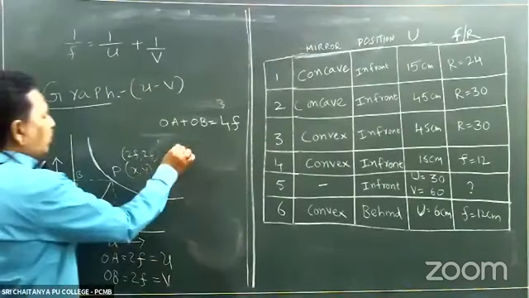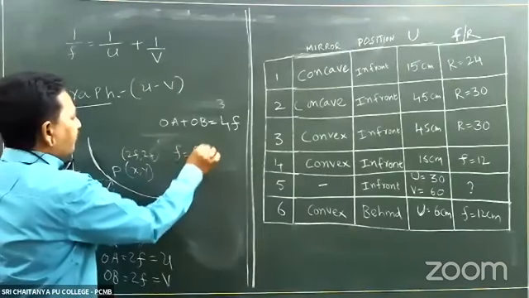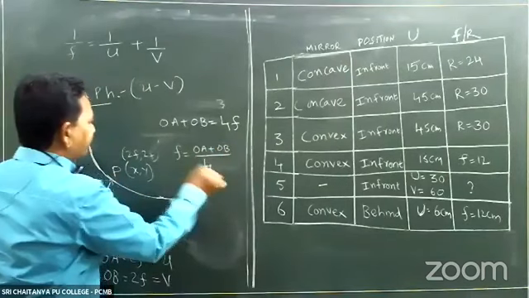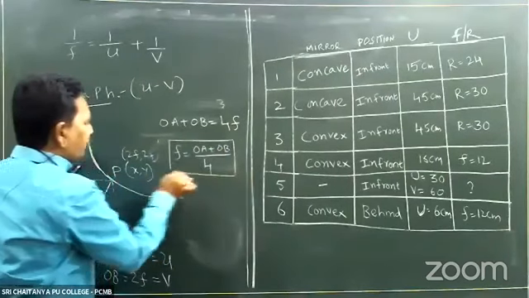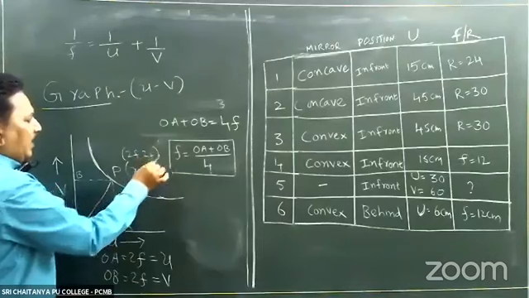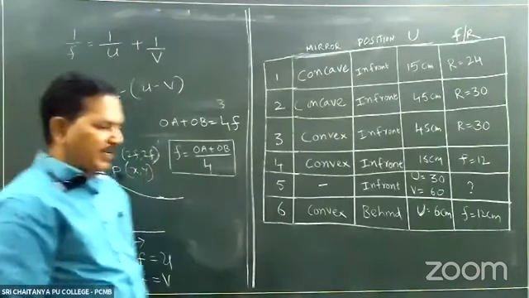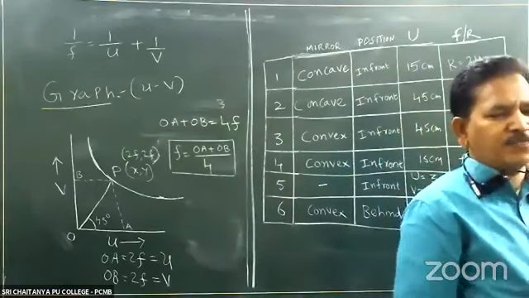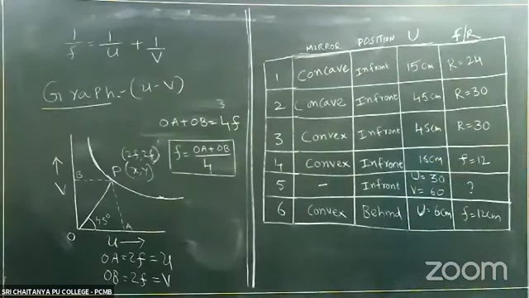So f is equal to OA plus OB divided by 4. By using this formula, we can calculate the focal length of the mirror from the UV graph method. Easily we can calculate OA value and OB value, divide by 4, and we will get the focal length of the mirror.